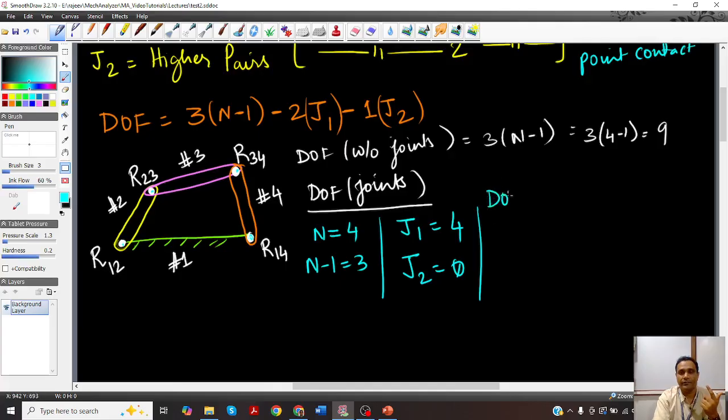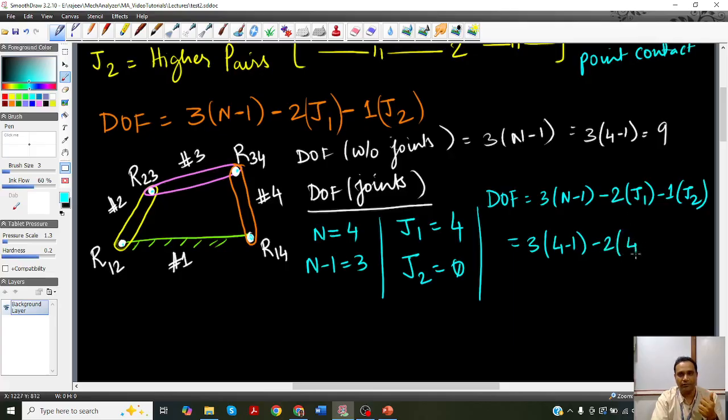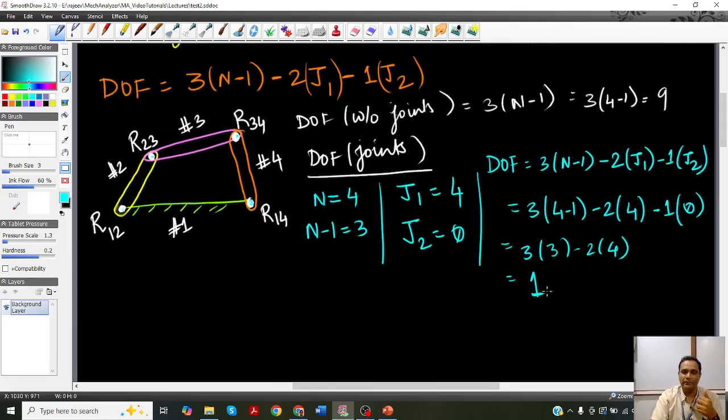So the degree of freedom, same equation: 3 into n minus 1, minus 2 into J1, minus 1 into J2. We'll just have to write 3 into, n was 4, 4 minus 1, minus 2 into the number of lower pairs, which is 4, minus 1 into the number of higher pairs, which is 0. So please do 3 into 3 minus 2 into 4, which is 1. So what it means is we require one parameter to, let's say, draw this mechanism.